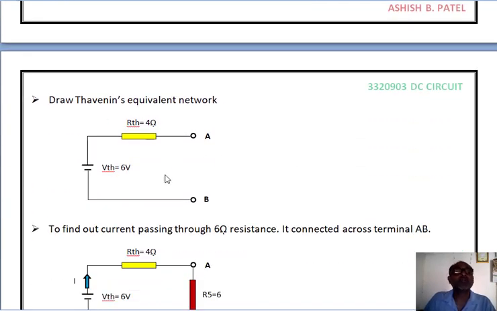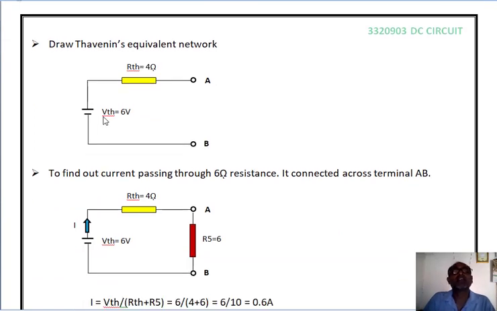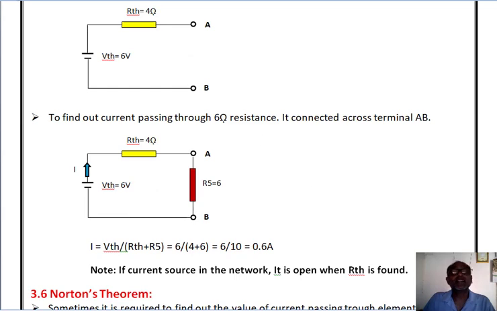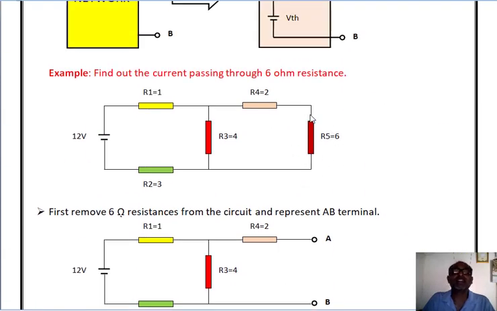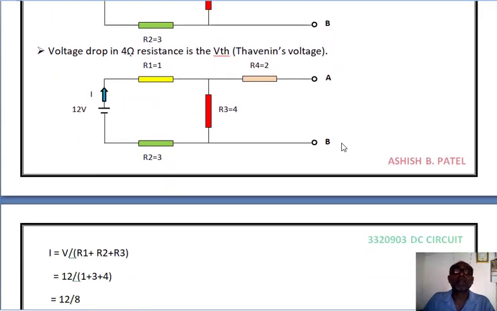Now we can draw the equivalent circuit. As we have already seen, in Thevenin's equivalent circuit the VTH is connected in series with RTH. We found VTH as 6 volt and RTH as 4 ohm. Now we want the current passing through the 6 ohm resistance, which is our main aim.